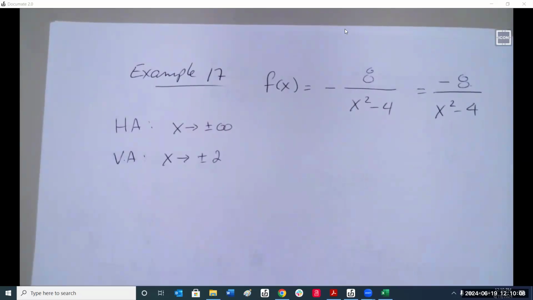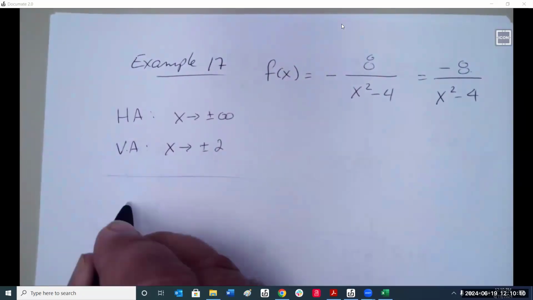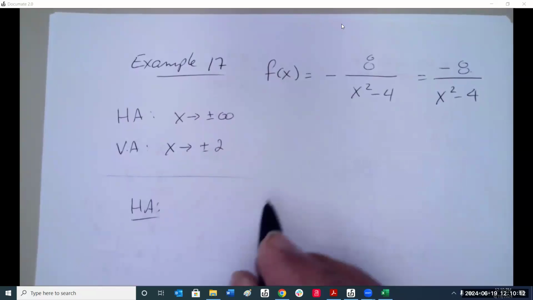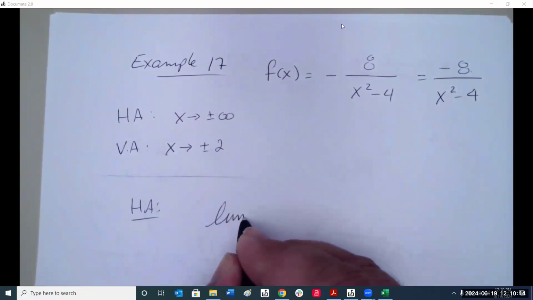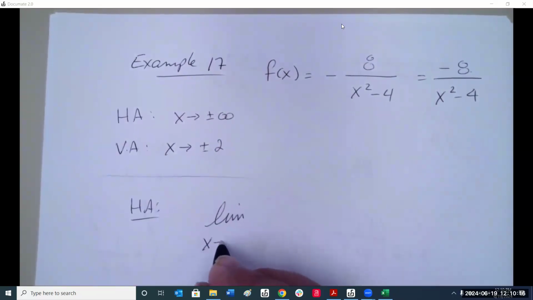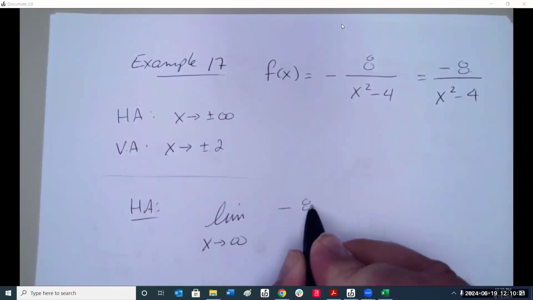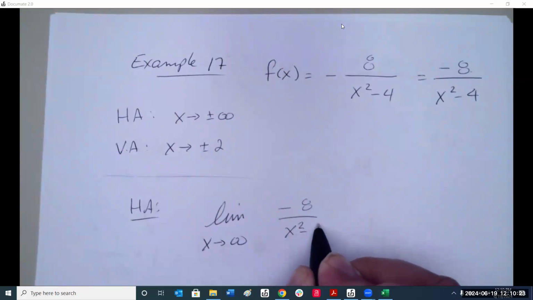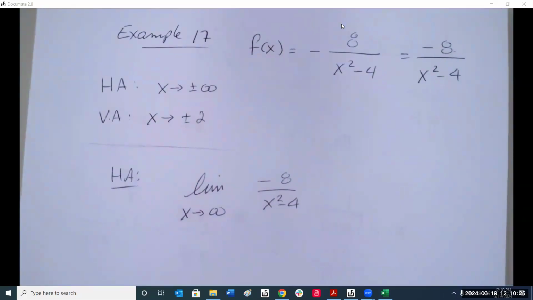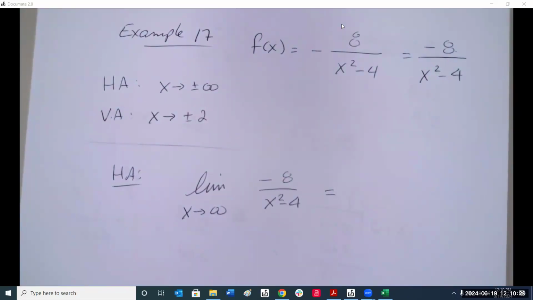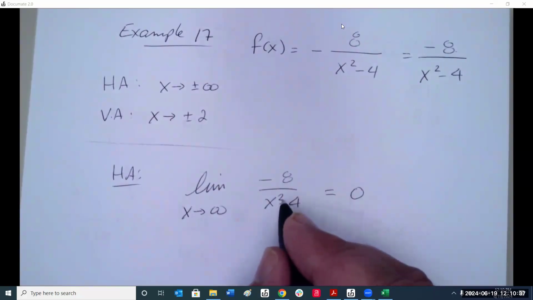All right, let's look at this. The horizontal asymptotes. So we take the limit as x approaches infinity of -8 over x squared minus 4. So what happens there? Yeah, it goes to 0, because there are more x's on the bottom.